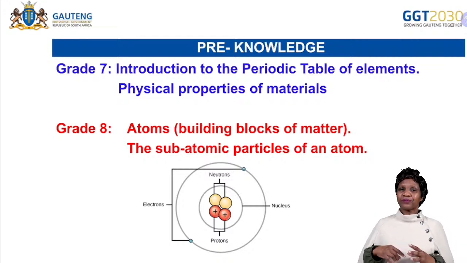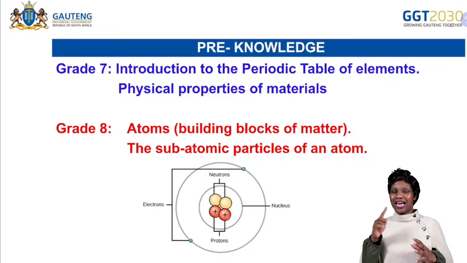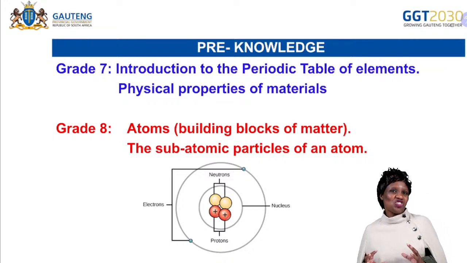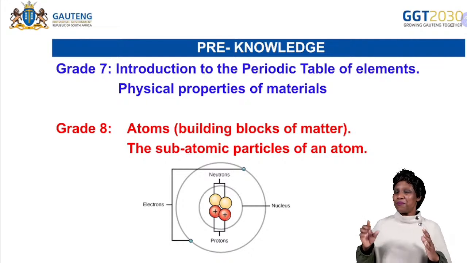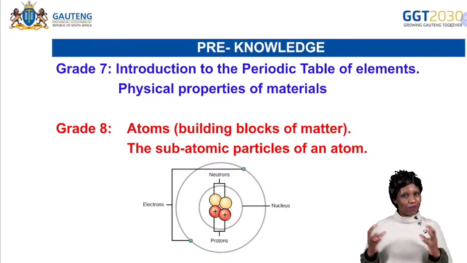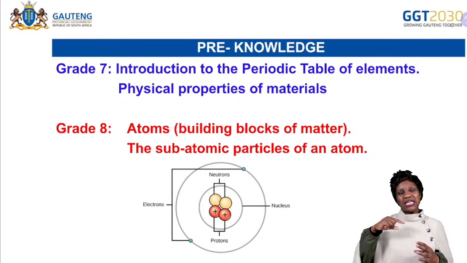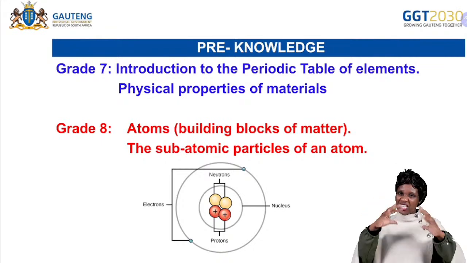All right. And then what is orbiting around, grade 8? The negatively charged electrons are orbiting around the nucleus. And these are held down by the forces. Do you get it? And then we've got the first energy level, the first shell.